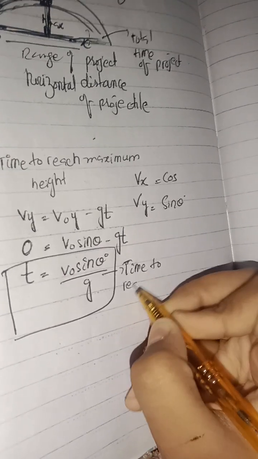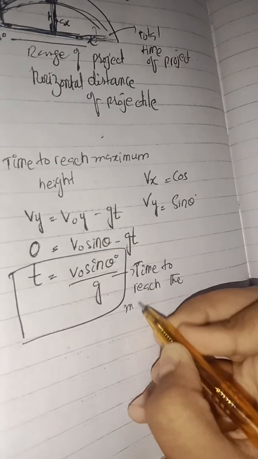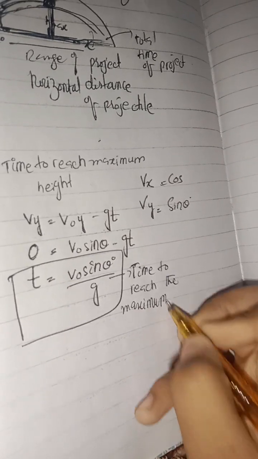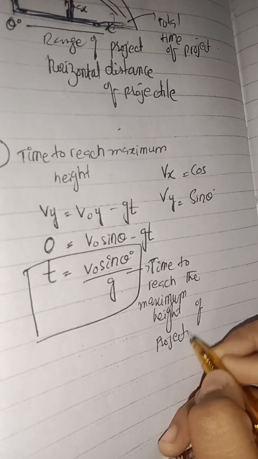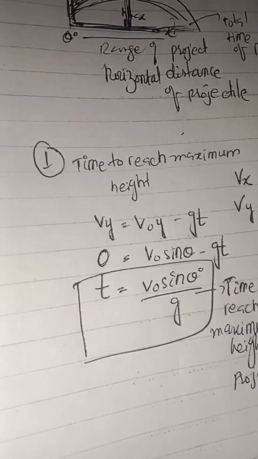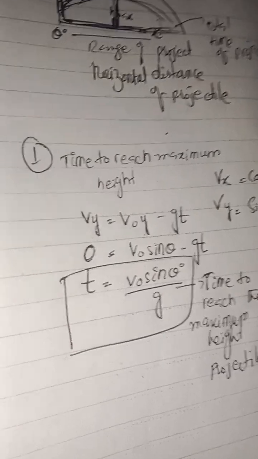Time to reach the maximum height of the projectile. Now the second formula: total time of the projectile.